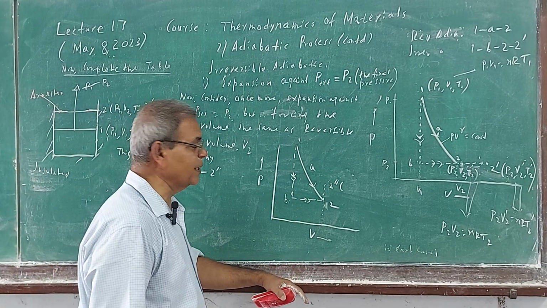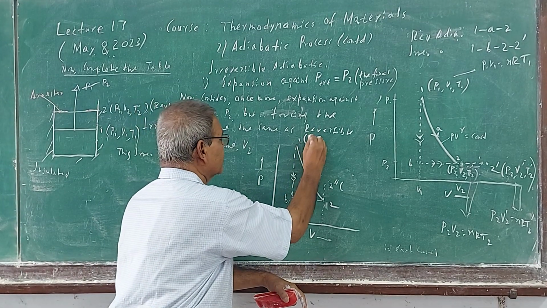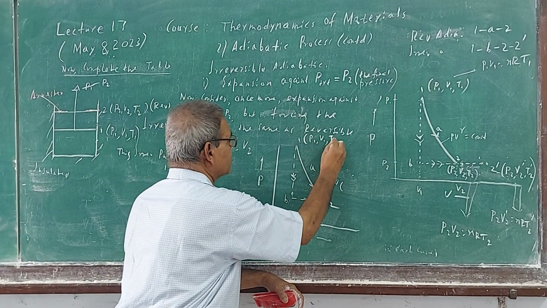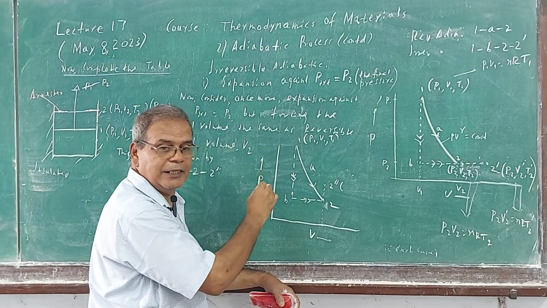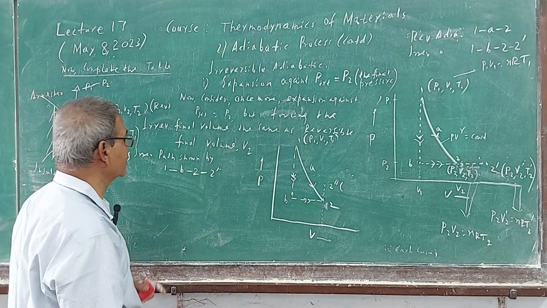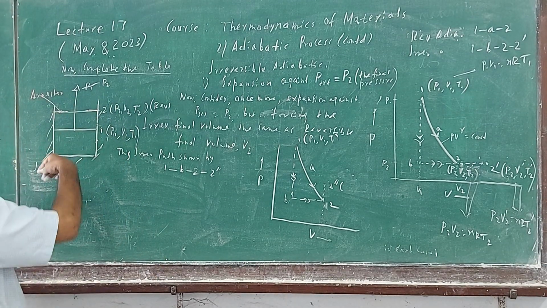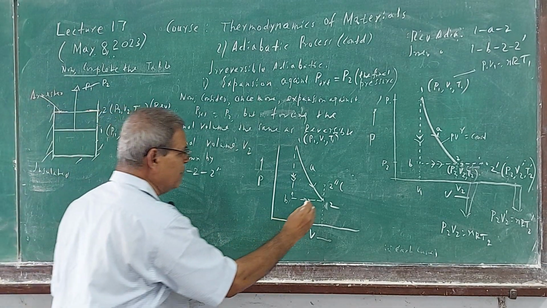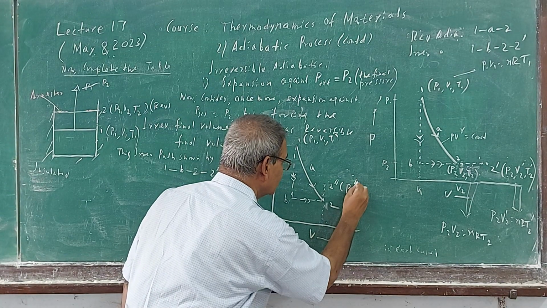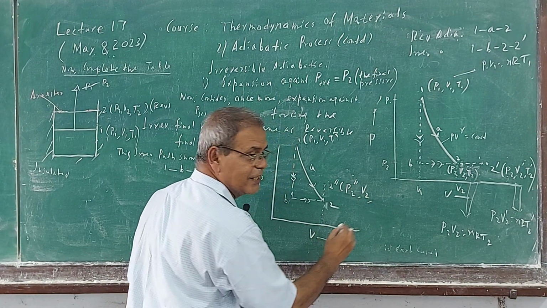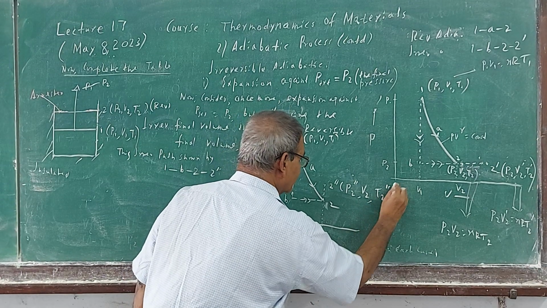Again you write P1, T1 at the top, no problem. P2 is the reversible final, and this is the irreversible final. In this manner it cannot get past. So what will happen? Tell me. P2 double dash. Good. V2 is unchanged. T2 prime, T2 double dash.